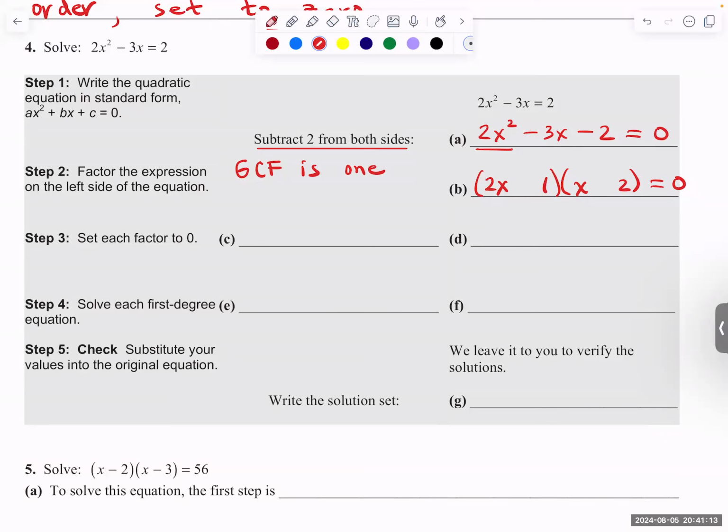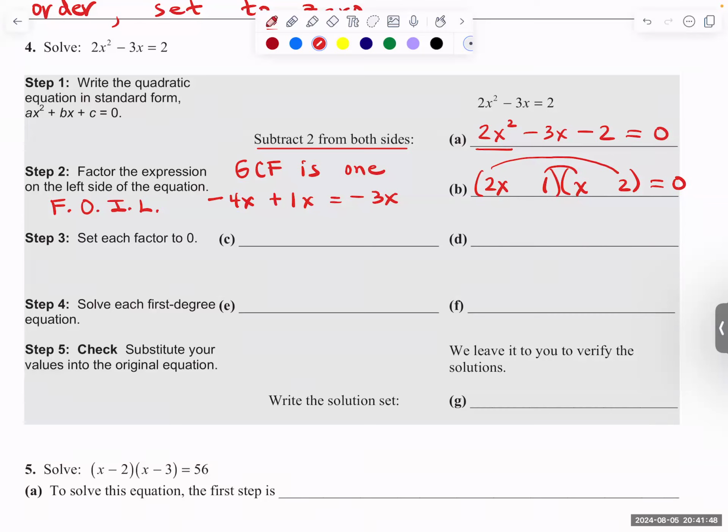So now, when we think about FOILing, first terms, outer terms, inner terms, and the last terms, on the outside product, or distribute, 2x times 2 gives you 4x, and the inner product is 1 times x. Since the middle term is equal to negative 3x, we have to have a negative 4 and a plus 1.